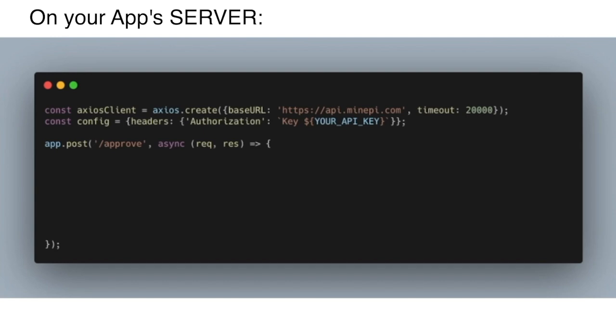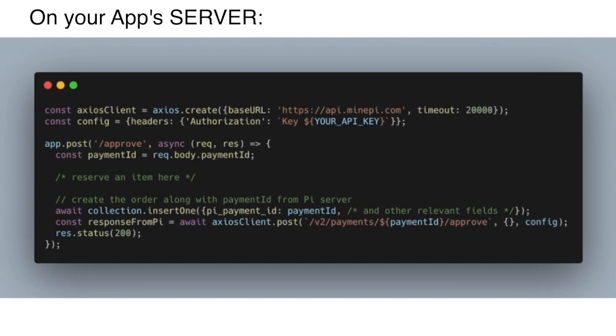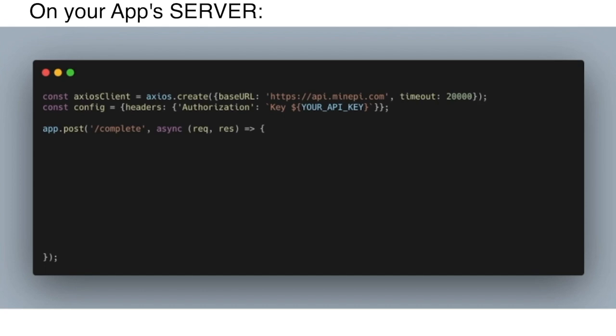First, let's see the approve route. When the payment is created, you need to reserve an item for the user and map the payment ID to the current order. Then make sure to hit the approve endpoint to approve the payment. The same thing goes for the complete route as well.